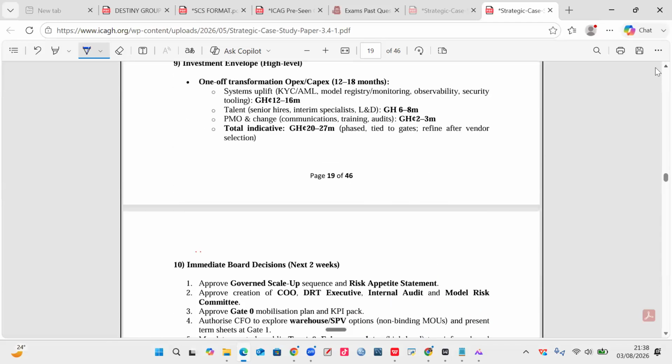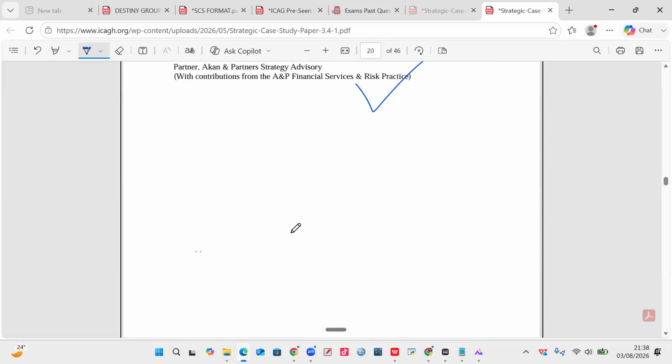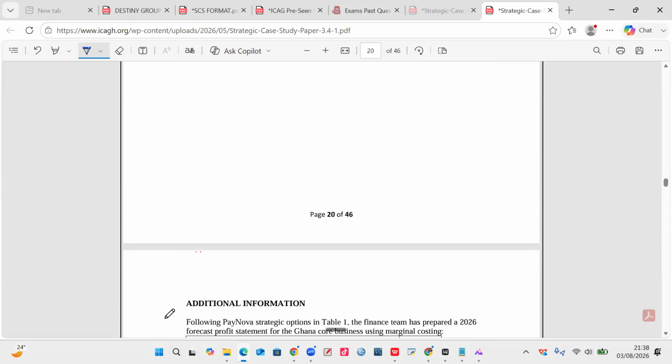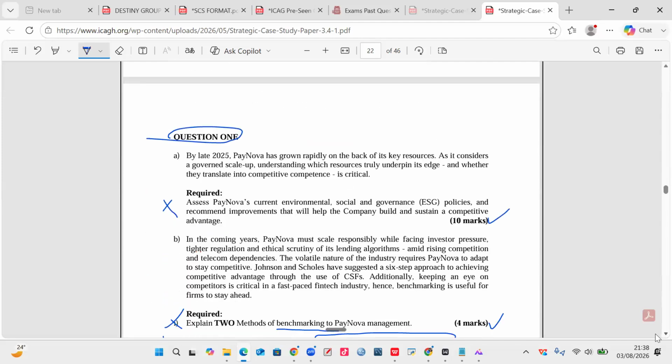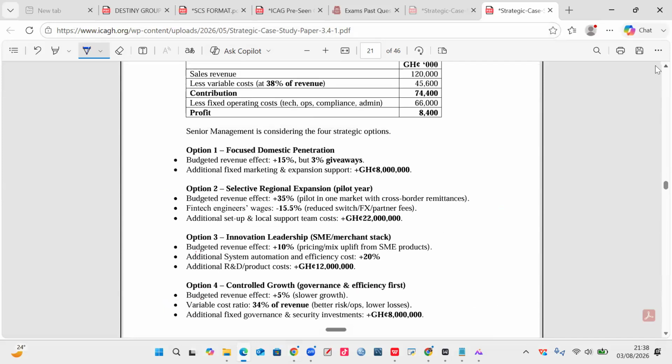So it starts from the top, and this is where it ends. In the exams hall, they are going to bring the additional information here and then the set of questions starting from question 1. So they've already given the case and all the issues. I've done my analysis and everything.